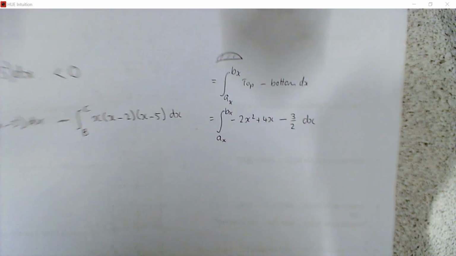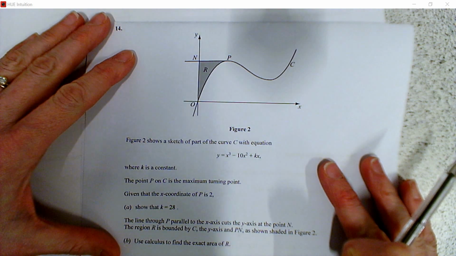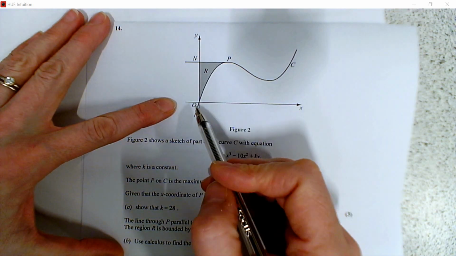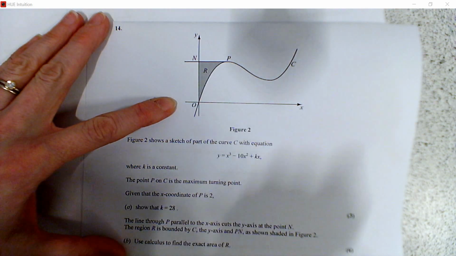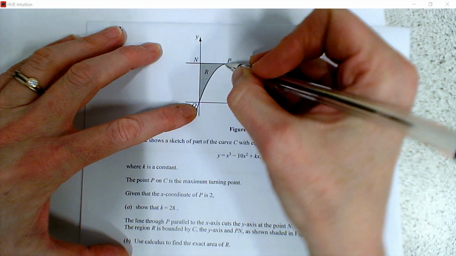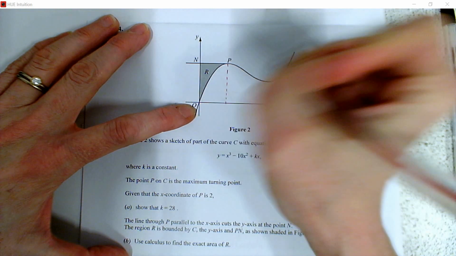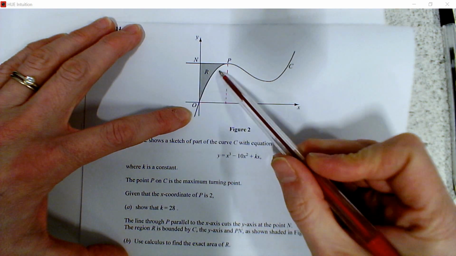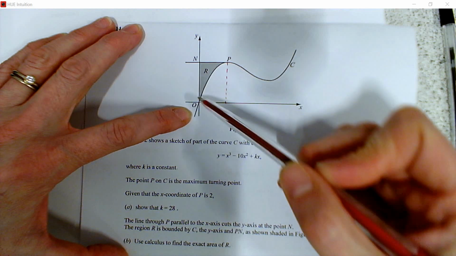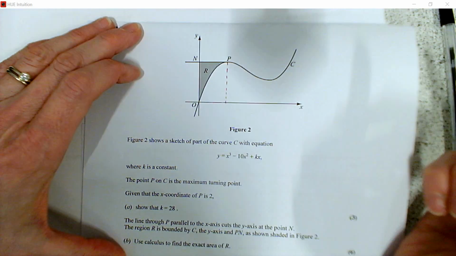So let's have a look at another question that's similar. So there's several ones that we can do like this. Okay, so here we want this bit, that's not between the curve and the x-axis, it's above, which is a bit useless, isn't it? But we could use the area between the curve and the x-axis, and we could work out the area of the rectangle, and we can find the difference.